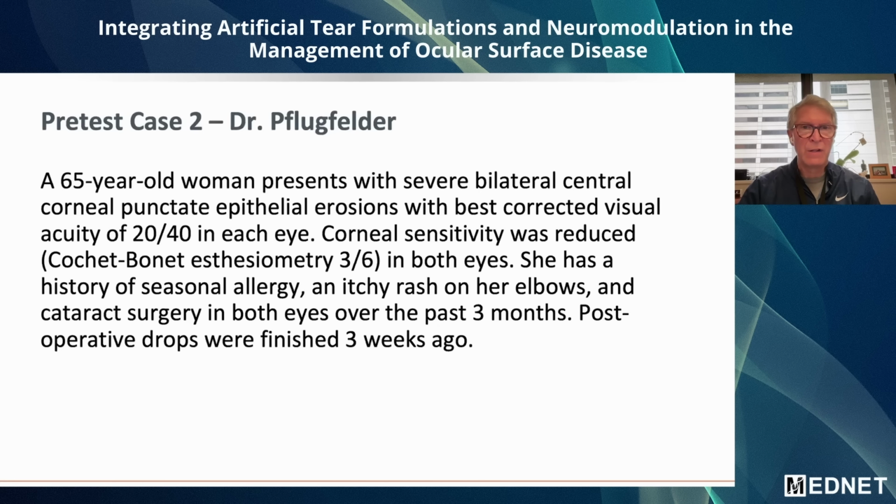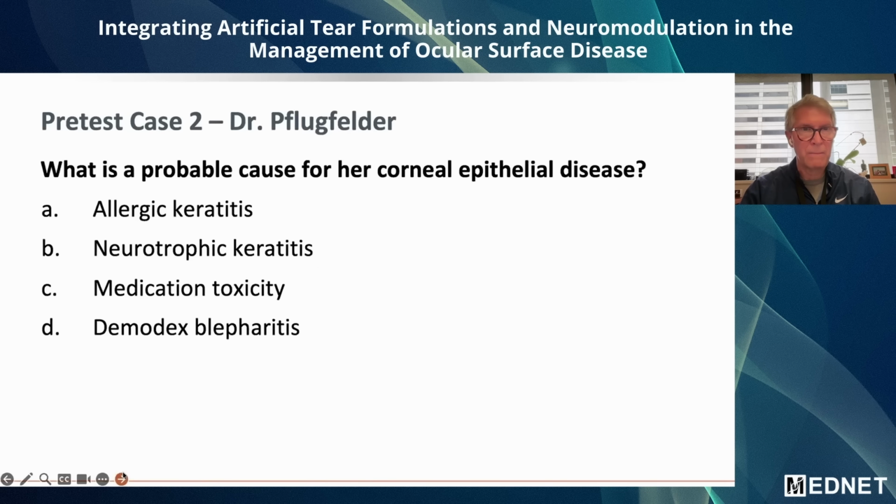She has a history of seasonal allergy and itchy rash on her elbows and cataract surgery in both eyes over the past 3 months. Postoperative eye drops were finished about 3 weeks ago. What's the probable cause for her corneal epithelial disease? A, allergic keratitis, B, neurotrophic keratitis, C, medication toxicity, and D, Demodex blepharitis.